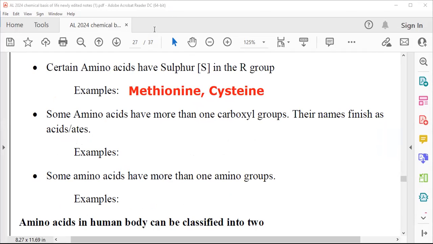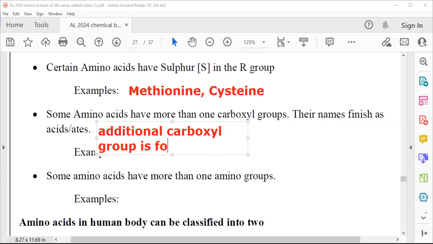Right. Some amino acids have more than one carboxyl group. That additional carboxyl group is found in which portion?